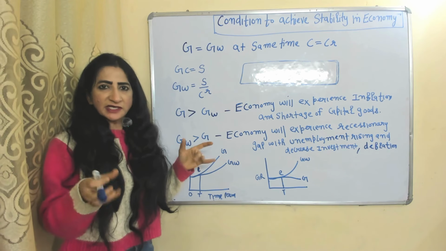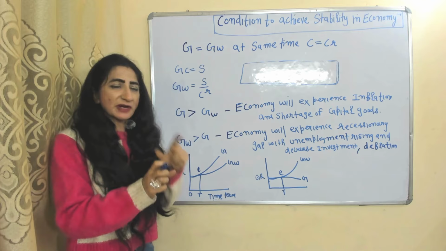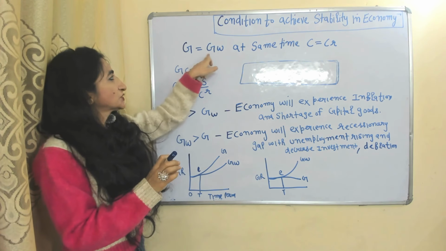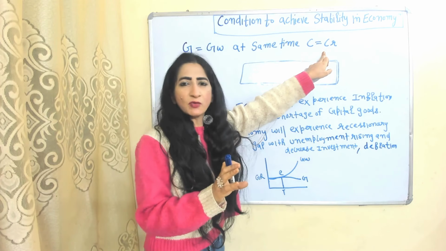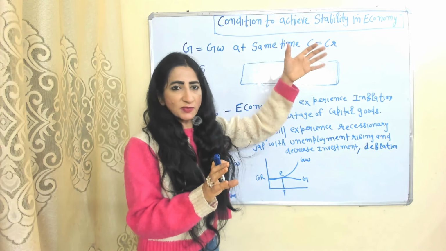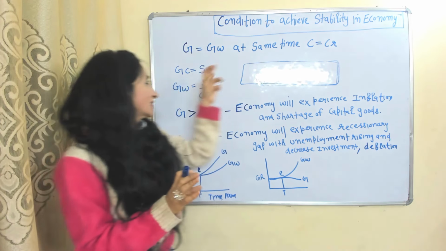Condition to achieve stability in the economy. In order to achieve stability, the actual growth rate should equal the warranted growth rate. At the same time, C should be equal to CR. We have already discussed what C and CR are in this equation.